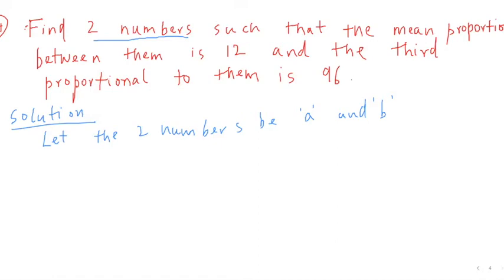A is to 12 is equal to 12 is to B. Correct. Or you can say that AB is equal to 12 squared, right?